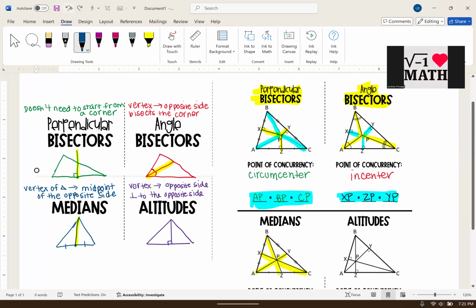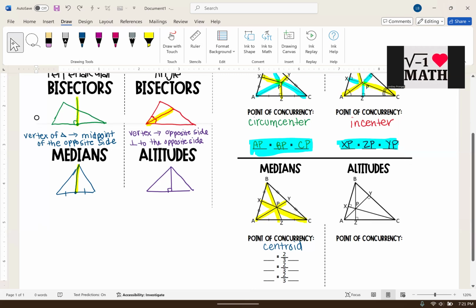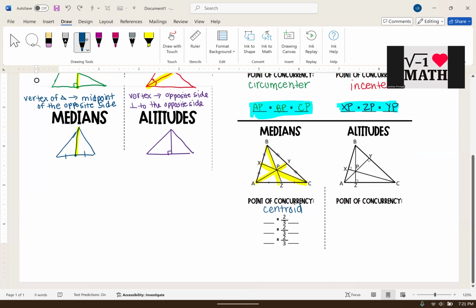One of them is smaller, one of them is slightly bigger. The smaller one is going to be a third of the whole thing, and the other side is going to be 2/3 of the whole thing. Or you can also say that AP is double PY. So there's a couple relationships and ways we can write it here.